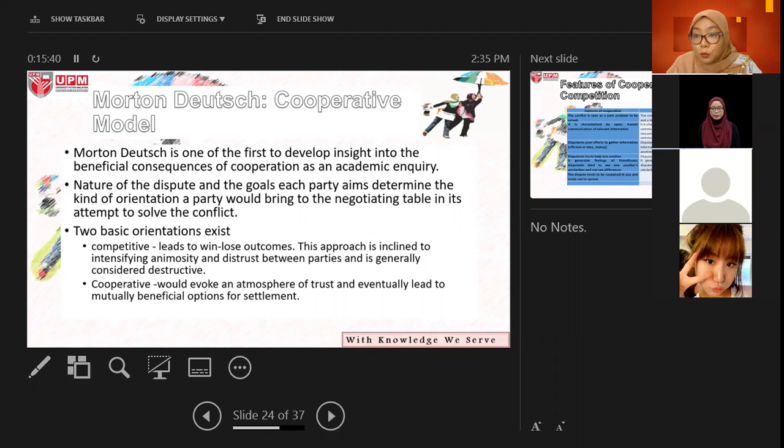It can be between you and your colleague, between you and your superior, it can be between one organization and its competitor. Okay? This cooperative and competitive approach, in the business world, we can see in situations like, what is it called, merger and acquisition for example. That is in the business world, merger and acquisition. Okay?